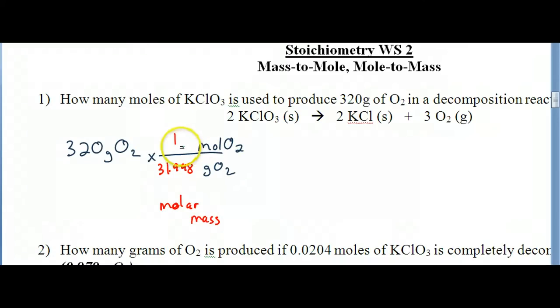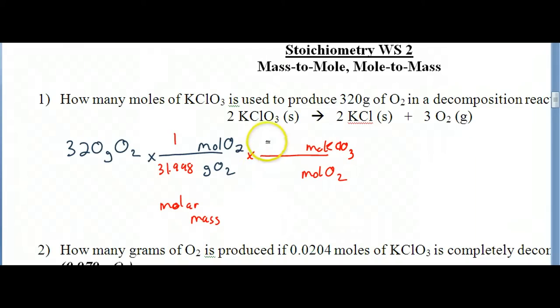And so one step was not enough to do this. Moles of O2 is not moles of KClO3, so I need a second step. X line, drag down the unit, moles of O2, moles of KClO3.